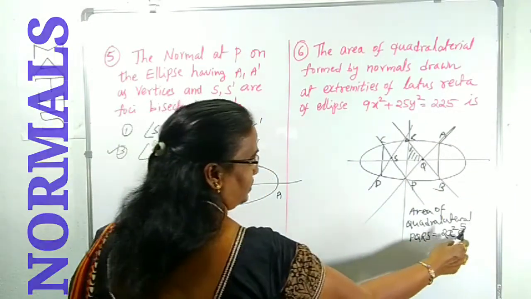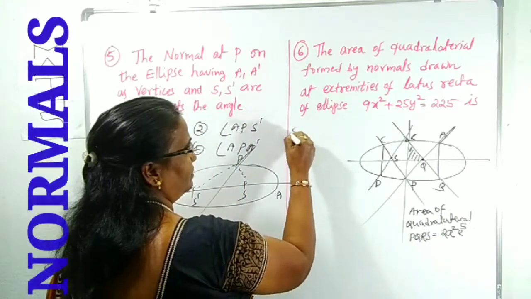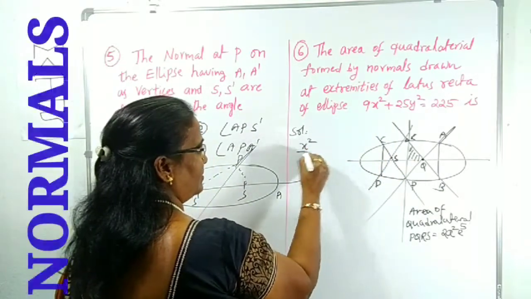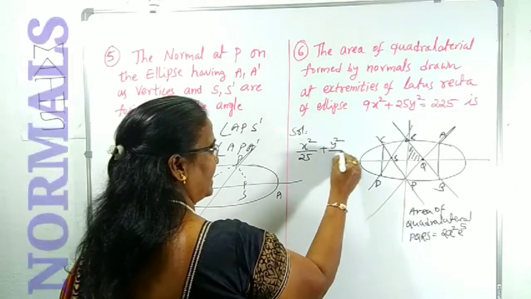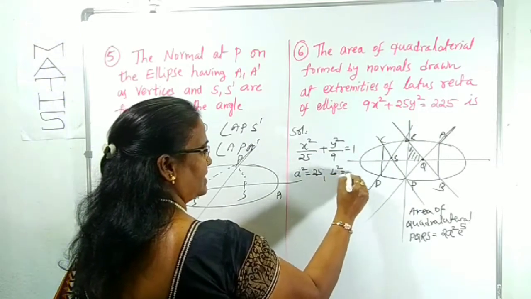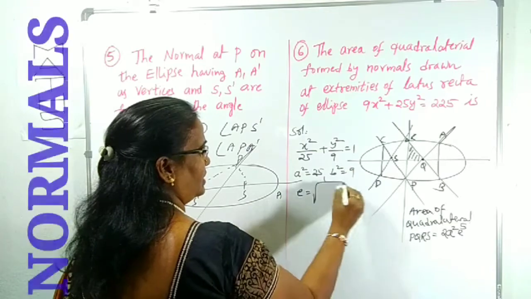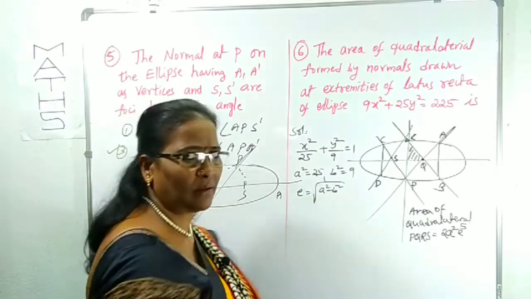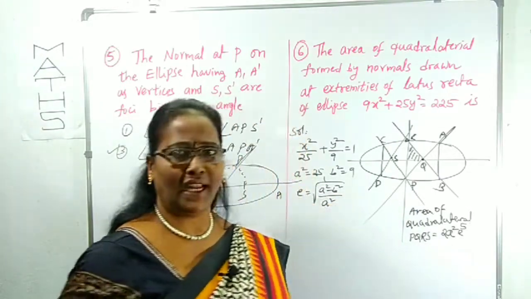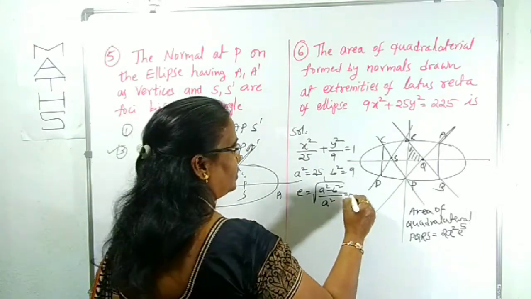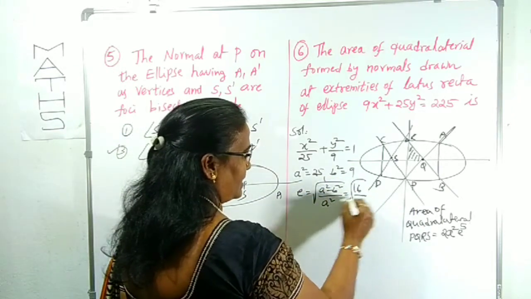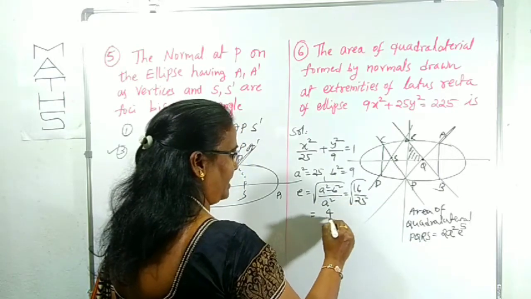First you have to know what e and a are. Reduce the equation to standard form: divided by 225, it becomes x square by 25 plus y square by 9 equals 1. So a square is 25 and b square is 9. When a is greater than b, e is root of (a square minus b square) by a square, which is root of (25 minus 9) by 25, that is 16 by 25, clearly 4 by 5.